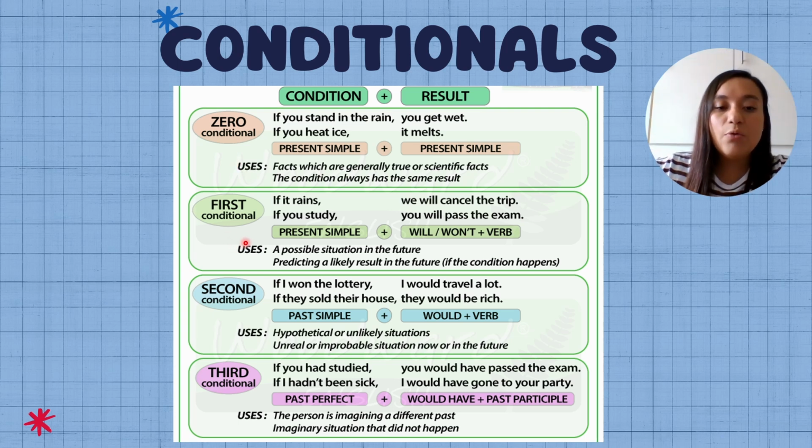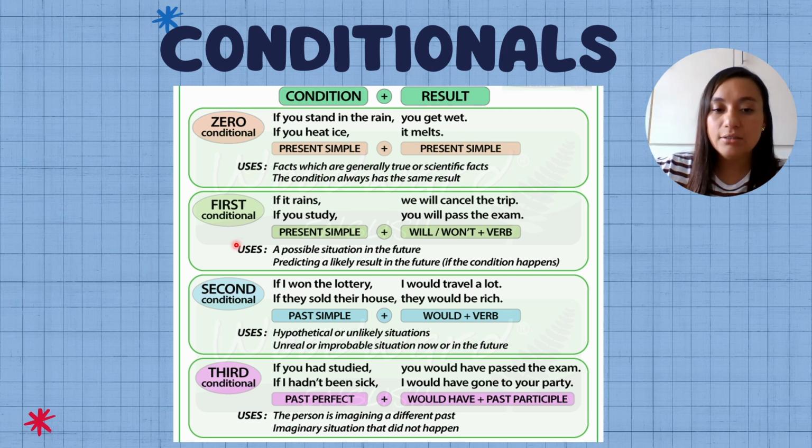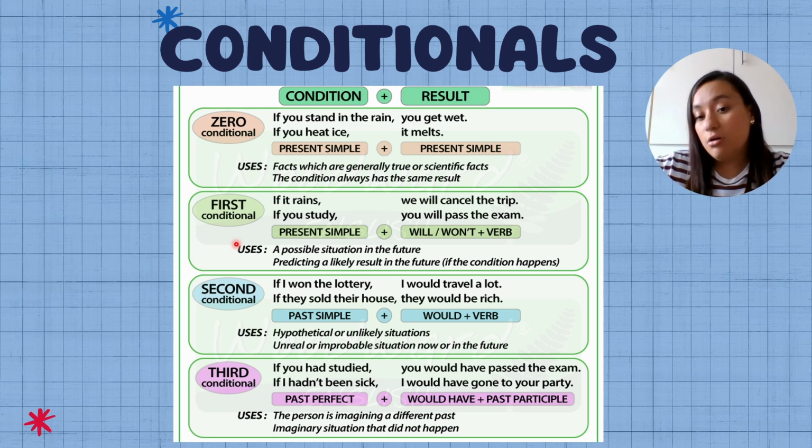Now, let's go with the first conditional. We use the first conditional to describe a possible situation in the future, and maybe we could make predictions of a result that we will have if the condition is going to happen.